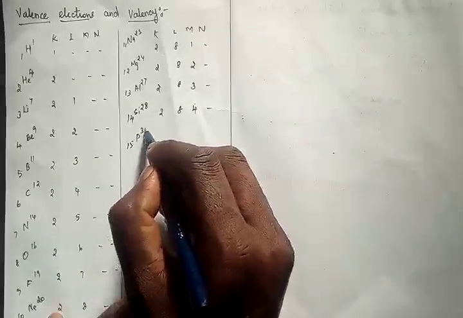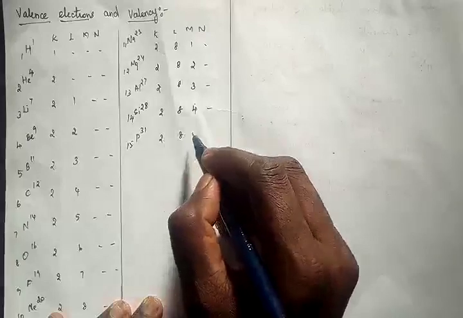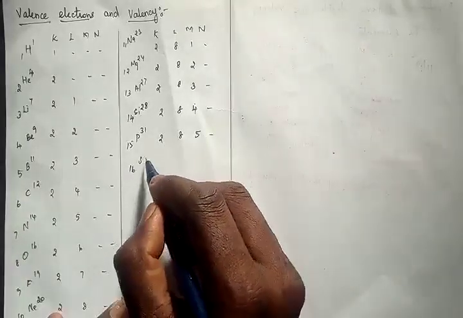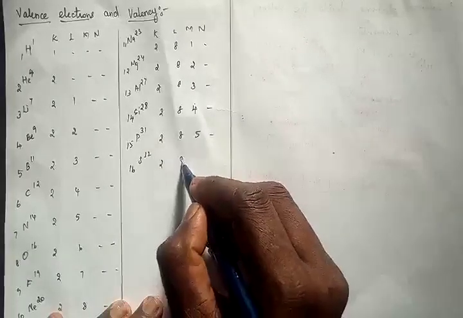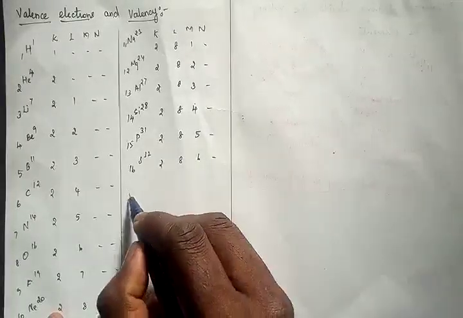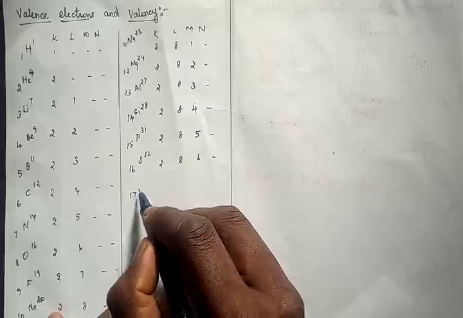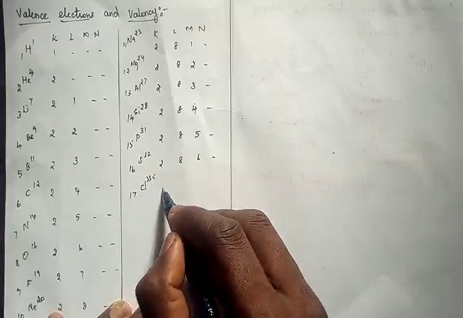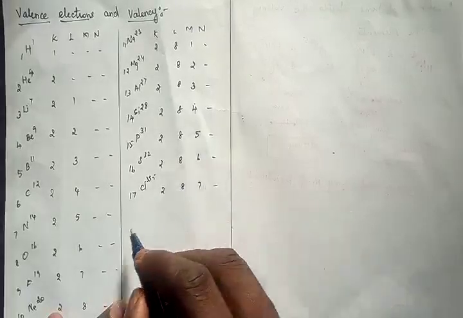The 15th one is phosphorus, this is 31, 2, 8, 5, right? The 16th one is sulfur, that is 32, 2, 8, 6. The 17th one is chlorine, 35.5, 2, 8, 7. The last shell is empty.